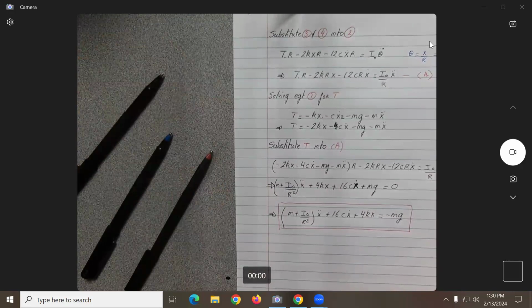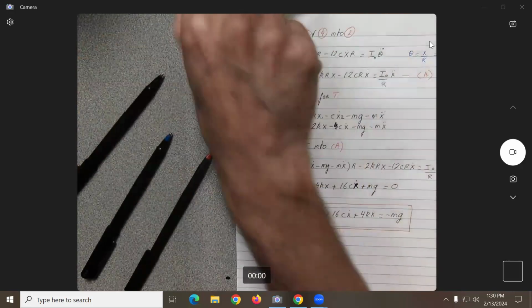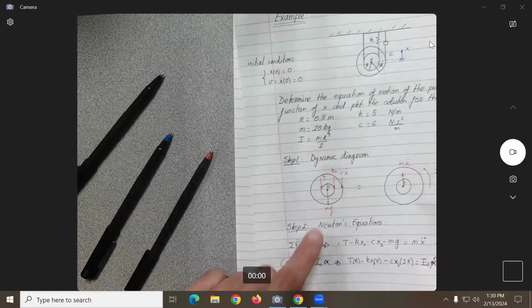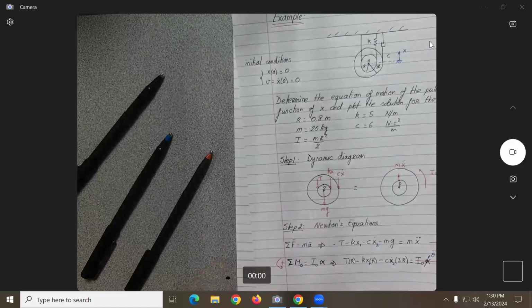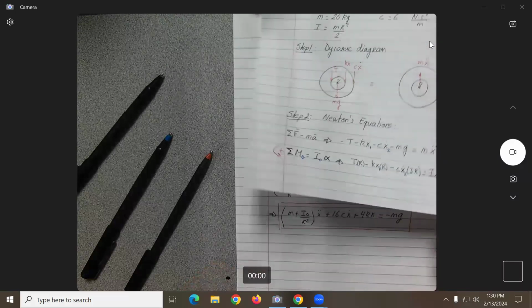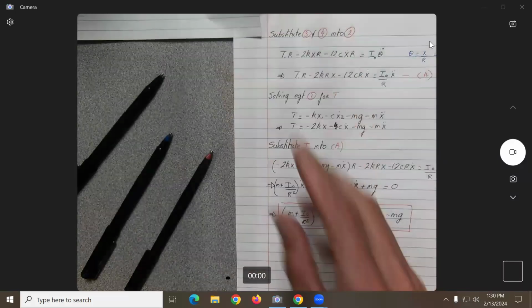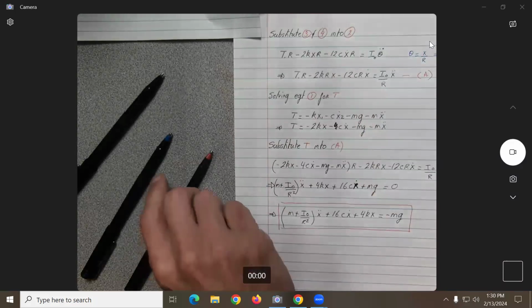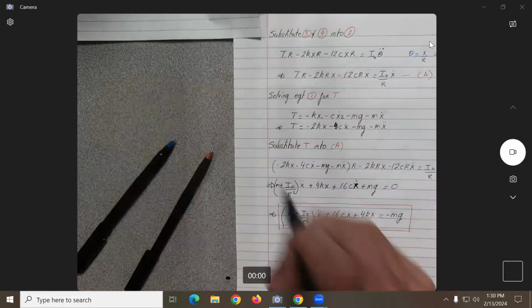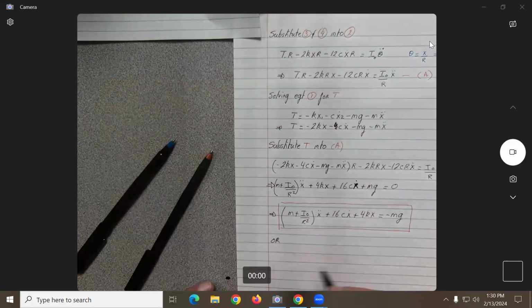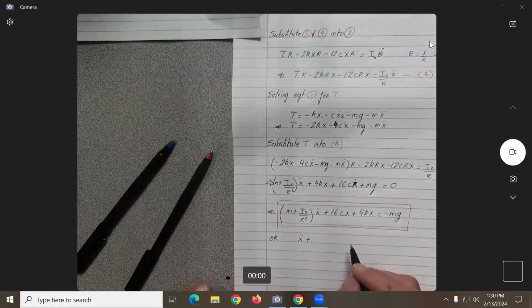Okay, so what is the problem of us having mg at the beginning? What is the problem? Or let me just write this. What should this equation be?